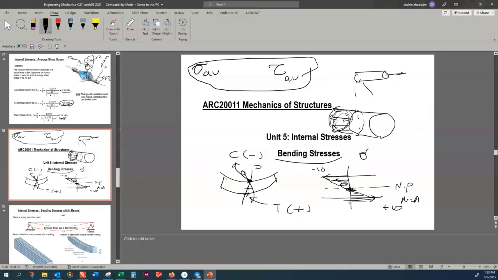Here, your stress would be not only a function of x, it also would be a function of y. So here, your sigma is a function of x and y. It means when you move in the x direction, your normal stress would change because the bending moment changes. And also when you move in the y direction, your stress would change. So average is not useful when you are looking into the stress produced by the bending.